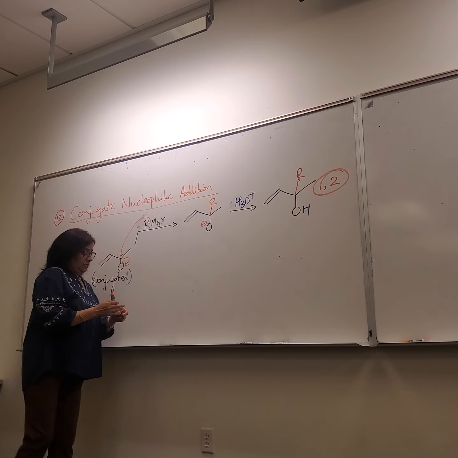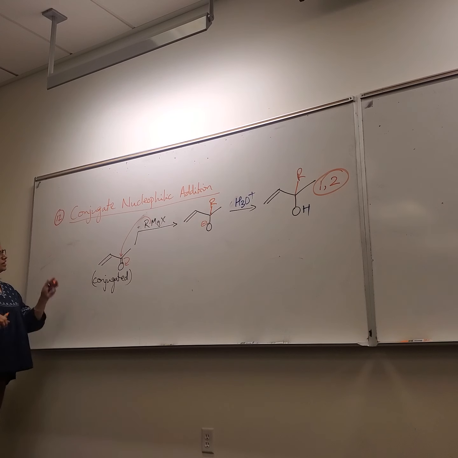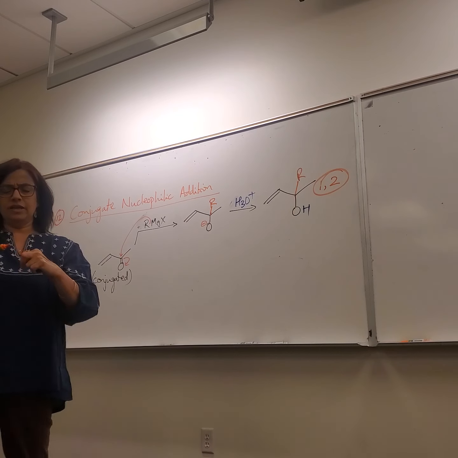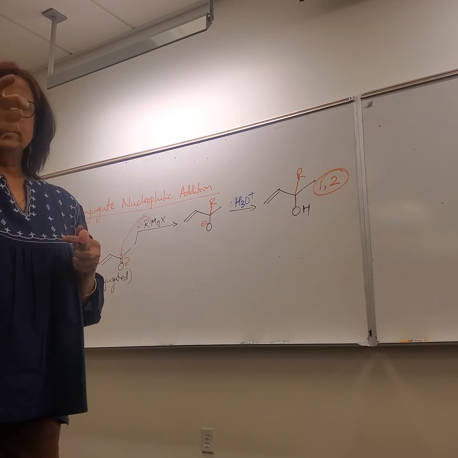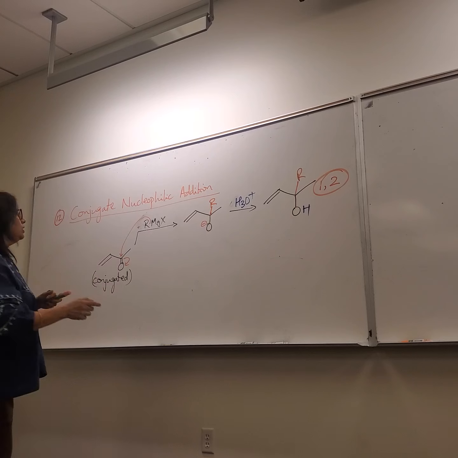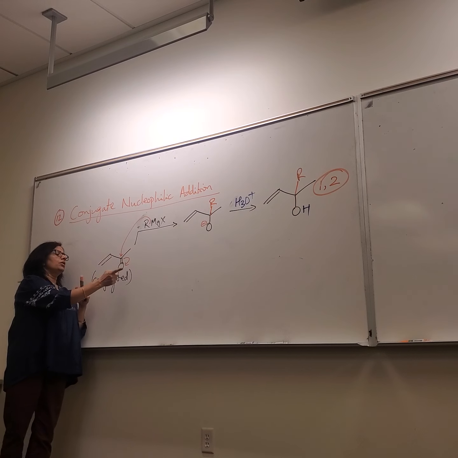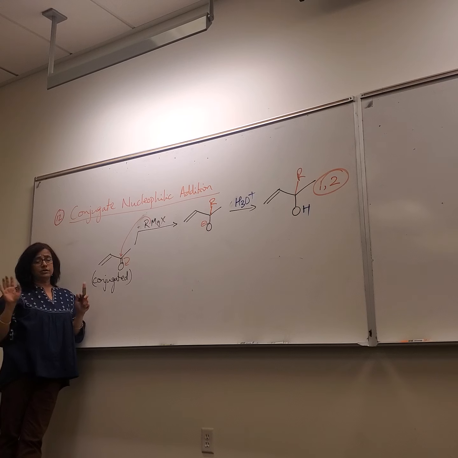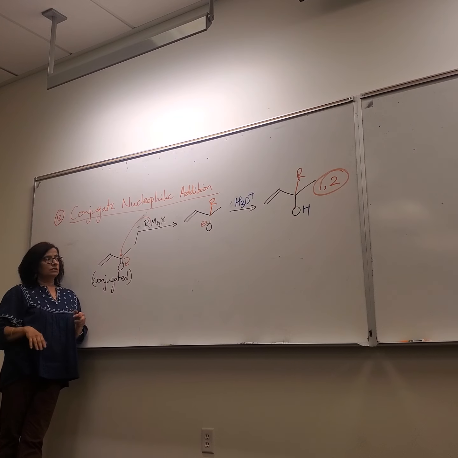Grignards do this. Grignards only do 1,2 addition. Because they're very strong nucleophiles, they only do 1,2 addition. The R will go to the carbon of the C double bond O, the proton goes to the O, and you get the product that we've all learned about so far. Everybody okay with 1,2? Where's the 1 and where's the 2?